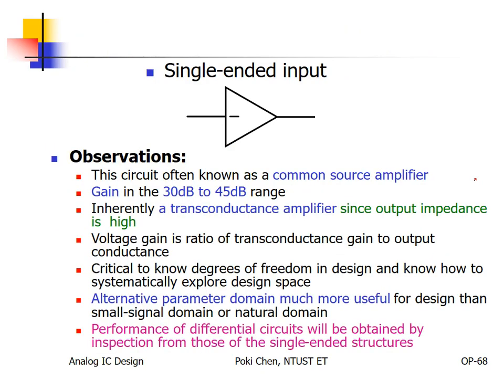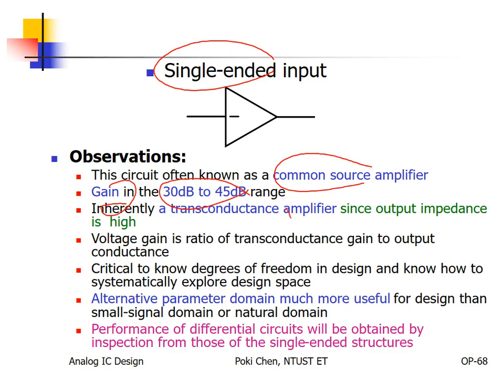Some observations to help you, especially new students and new engineers: usually for such a single-ended input and output op-amp or amplifier, it is some kind of common source amplifier. The gain is usually not too high.